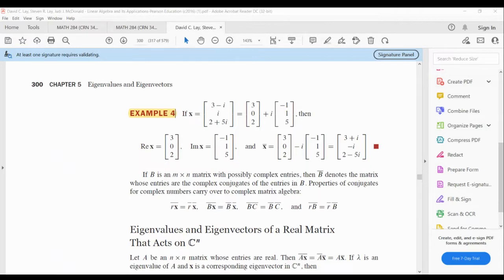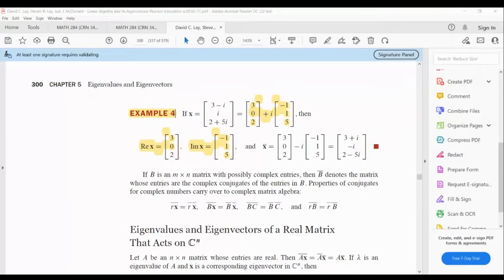And you can break it up into a real vector plus i times another real vector. The 302 is called the real part of the vector x, and the negative 115 is the imaginary portion of the vector. So this terminology could be useful, particularly for conceptual problems.